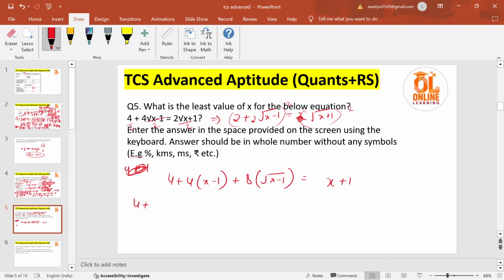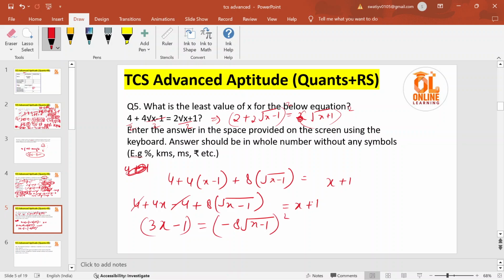So here it becomes 4 plus 4x minus 4 plus 8 root x minus 1 equals x plus 1. So here this x will come this side, this 1 will come this side. See, your 4 and minus 4 got cancelled down. So here I can write 3x minus 1 equals minus 8 root x minus 1. So now I'll square both the sides.